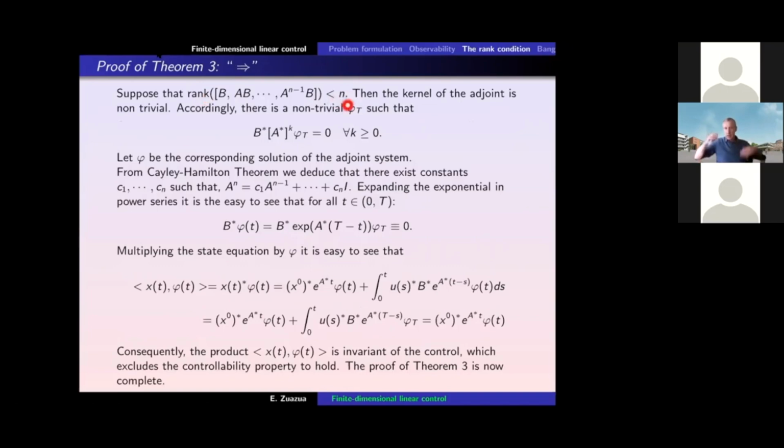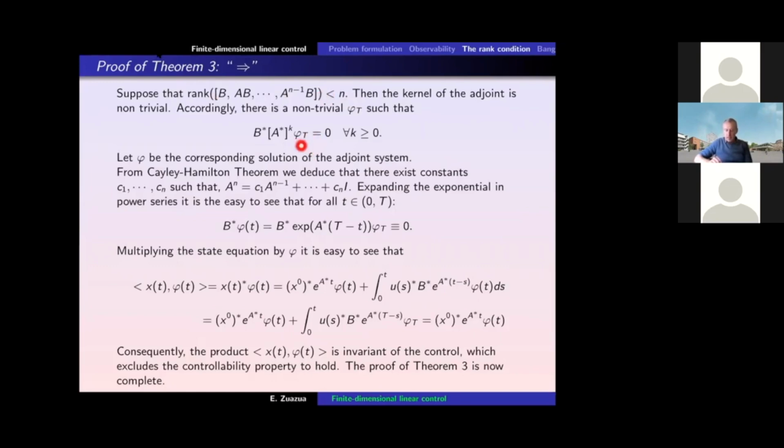Let me take a pathological situation in which I am trying to control a system, but when I check the Kalman rank condition, I don't get n, I don't get full rank, I get less. So maybe n minus 1, n minus 2, n minus 3, and so on. If the rank is less, then the kernel is non-void. The kernel of the adjoint is non-void.